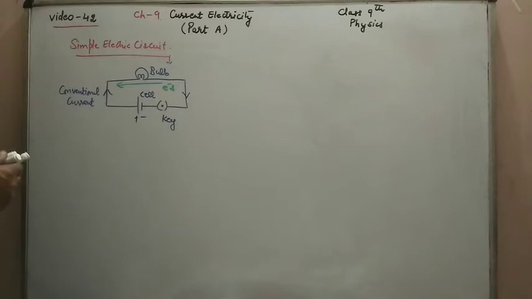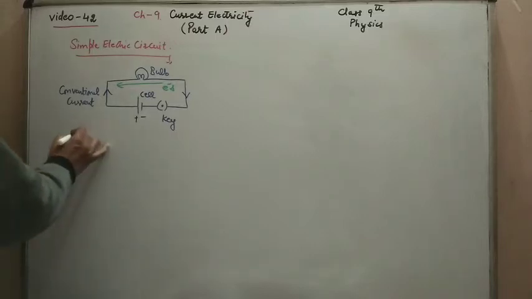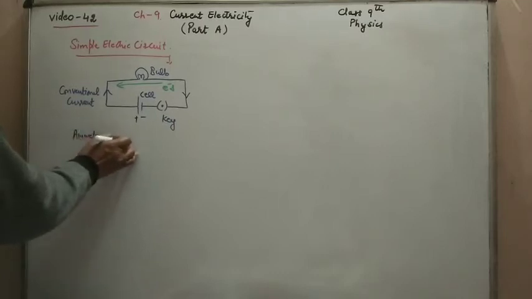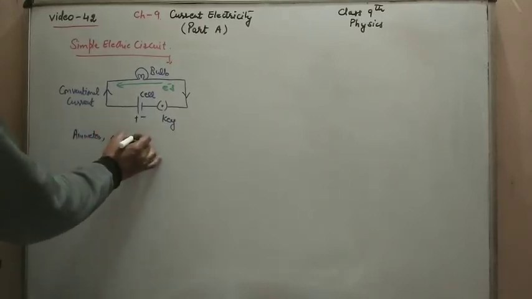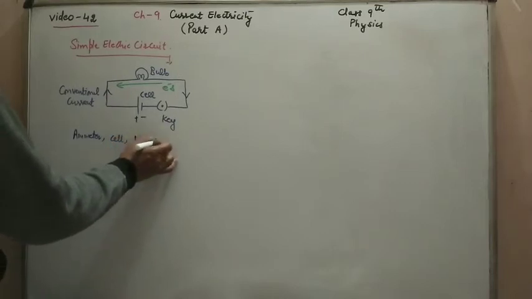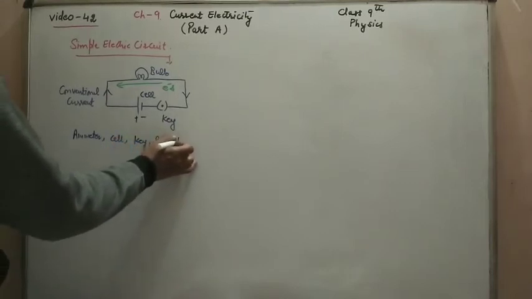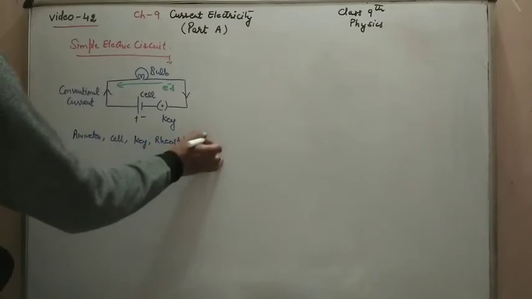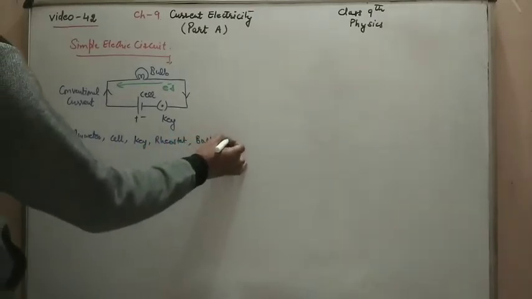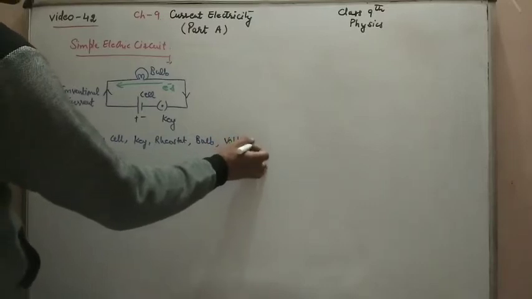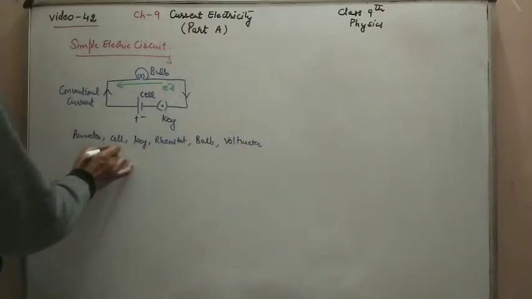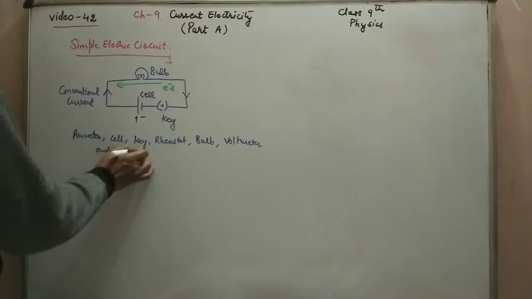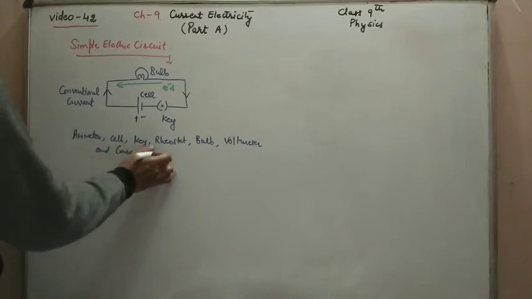And even there is one more circuit we can discuss by using an ammeter, cell, key, rheostat, bulb and voltmeter and connecting wires.